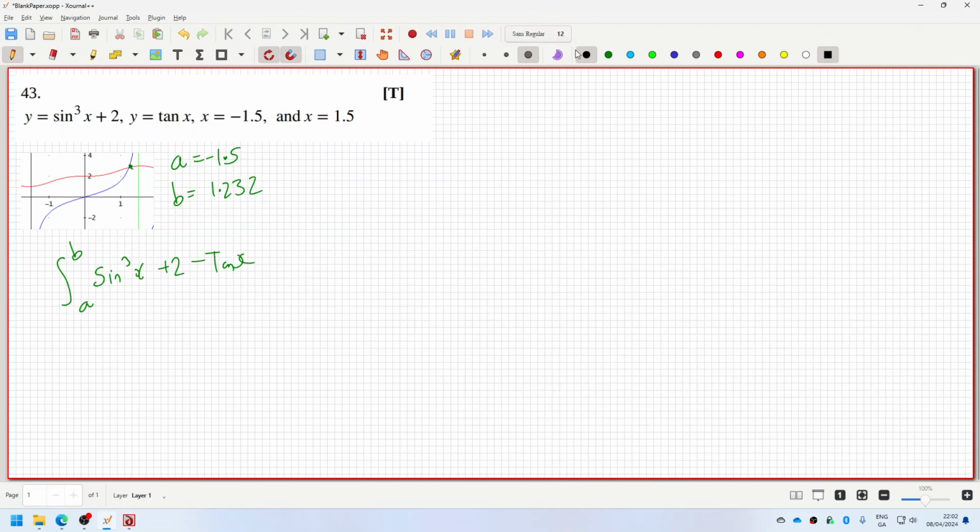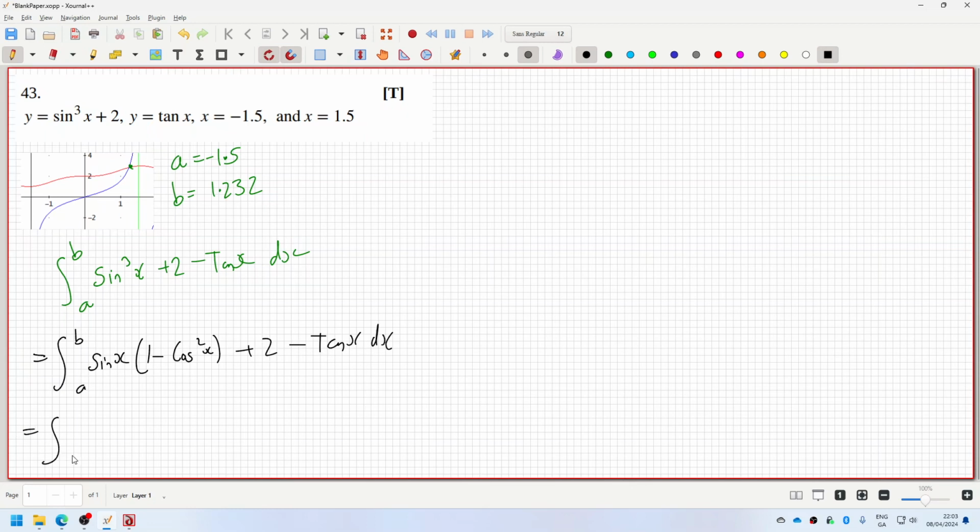Okay, dx. Right. So I should separate this out. This is a to b sine x, sine squared, which maybe I should change into 1 minus cos squared x plus 2 minus tan x dx.